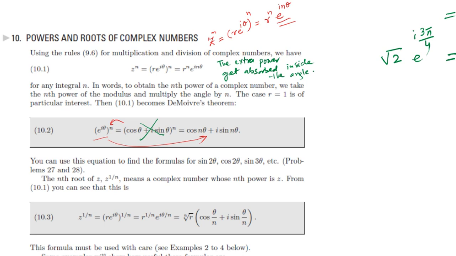If you have z to the power 1 over n, just like in this situation, then it gets absorbed, and at the end of the day you get this expression. So from here you go here.